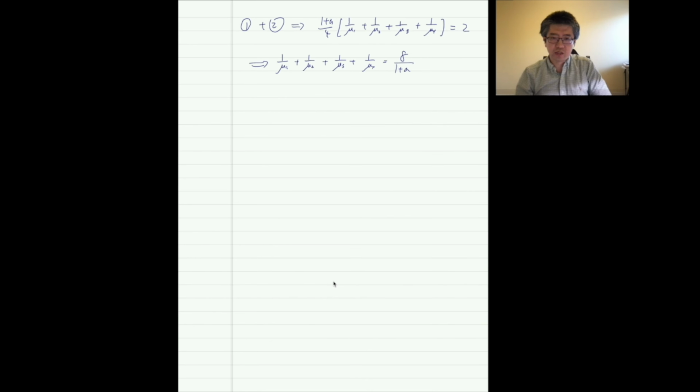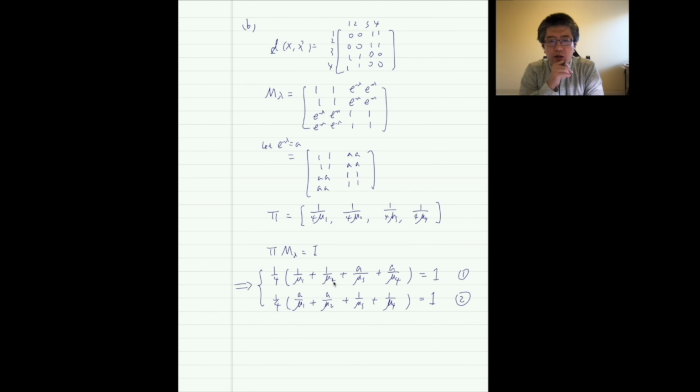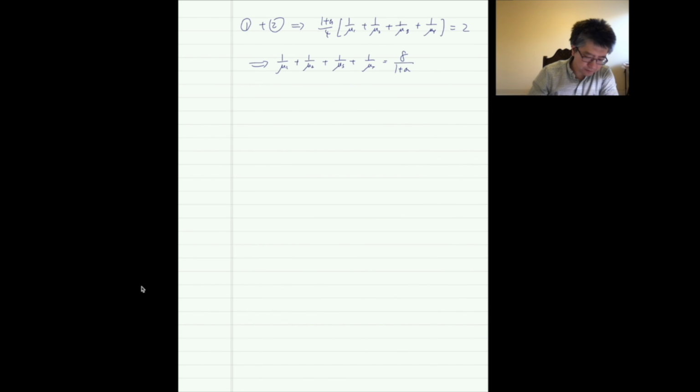Okay, so this is one operation. The second operation is that we can get rid of mu1 and mu2, or mu3 and mu4, together. The way we do it is that if we multiply a by the first one and then minus the second one, then the first two terms will disappear. So the second operation is that we use 1 multiplied by a, minus 2.